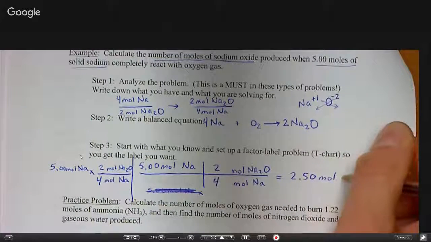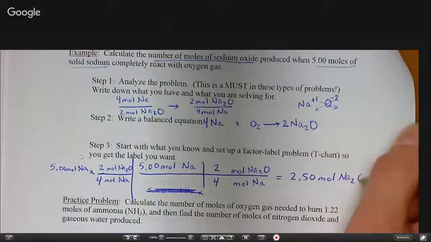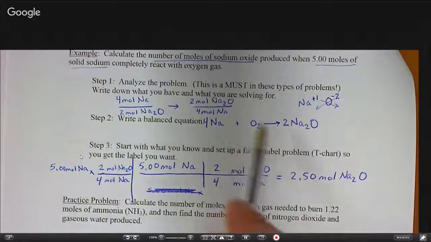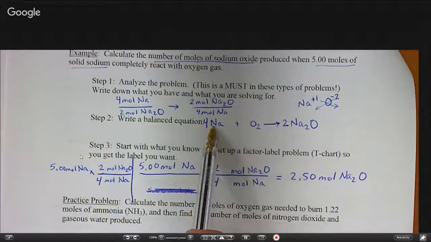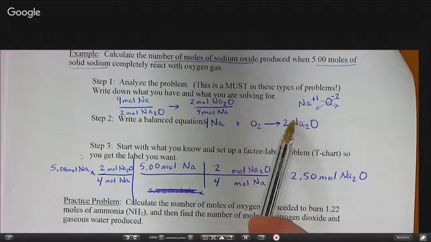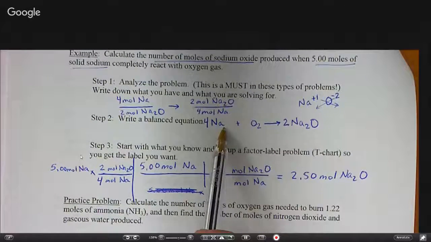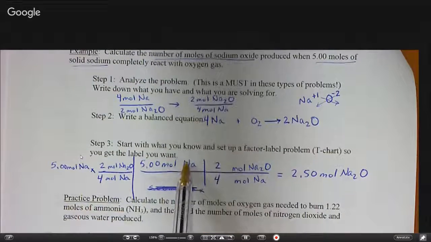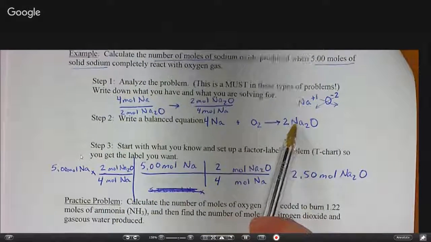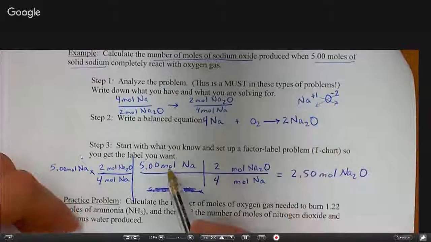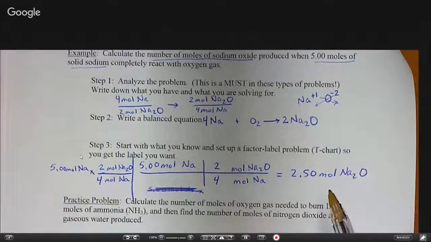So that means we have 2.5 moles of sodium oxide. This should make sense because we have twice as many moles of sodium as we do sodium oxide. Or flipped around, half as many moles of sodium oxide as we have sodium. So if we're starting at sodium and we go to a quantity that's half, then half of 5 is 2.5.